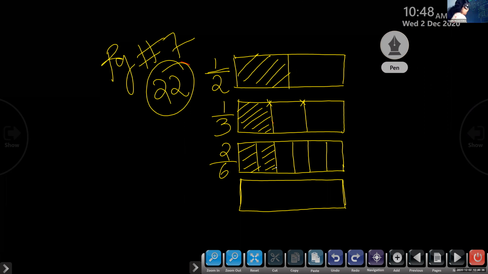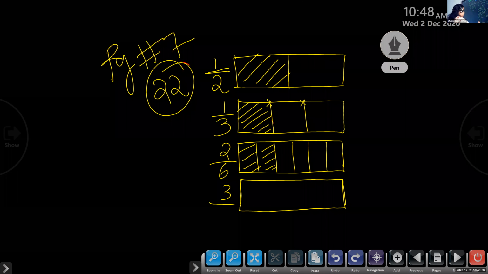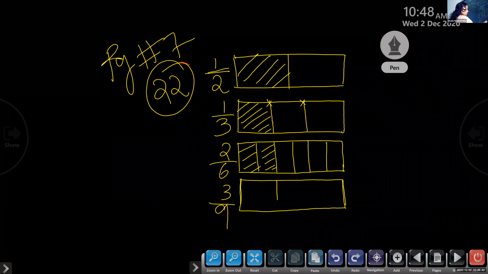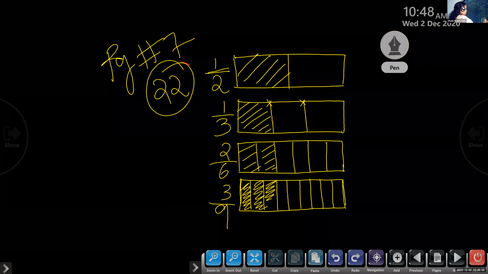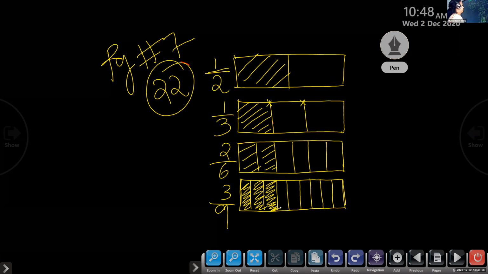The last one, 3 by 9. First I will divide into 3 parts, then each part into 3. How many parts do you have to shade? 3 parts. So the first one is 1 by 2. You are shading till here.